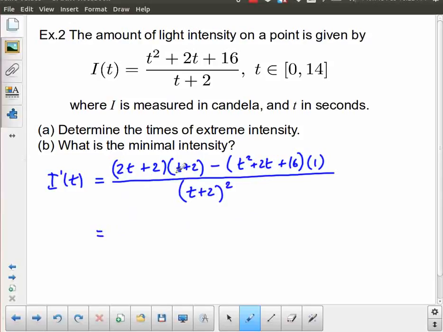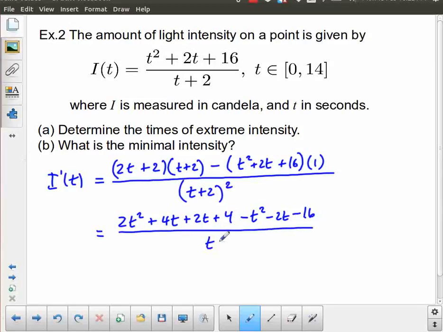Some simplifying here is going to give me 2t squared plus 4t plus 2t plus 4 minus t squared minus 2t minus 16, all divided by t plus 2, all squared.